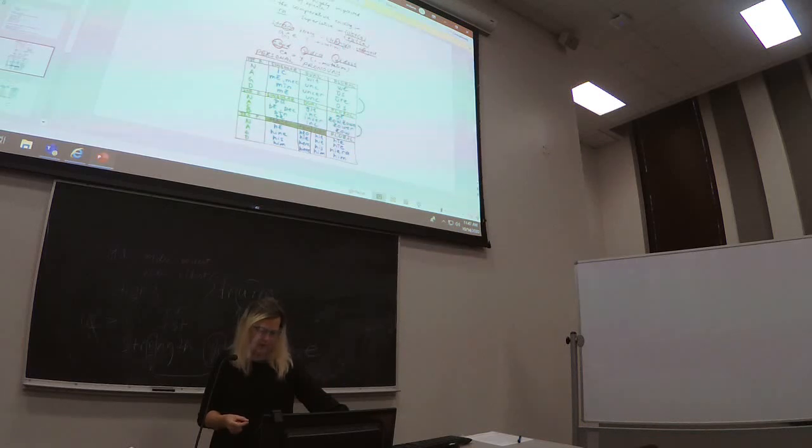But Old English used two different words for these. So the singular you was thu. Let's read these. Thu, thec, thin, and the. Okay. And the plural form, the last column, it was ge, eow, eower. Eower, eow.